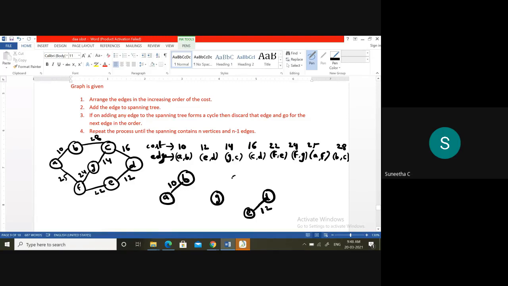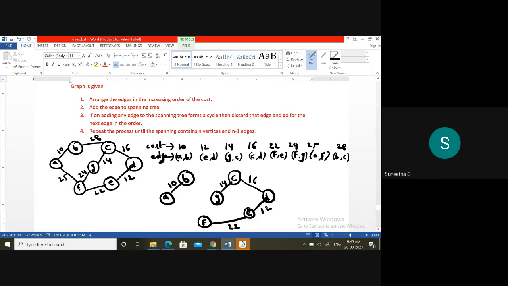What is the cost? 14. Next edge is CD. Cost is 16. Next edge in the order is FE and the cost is 22. FE, cost is 22.